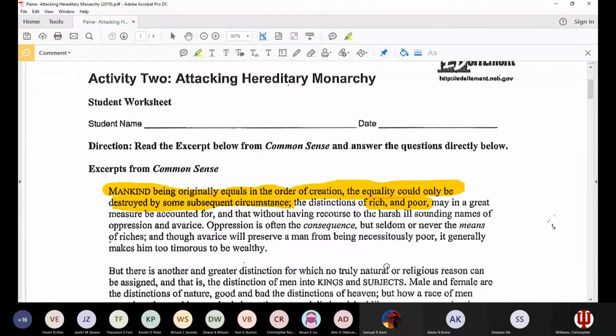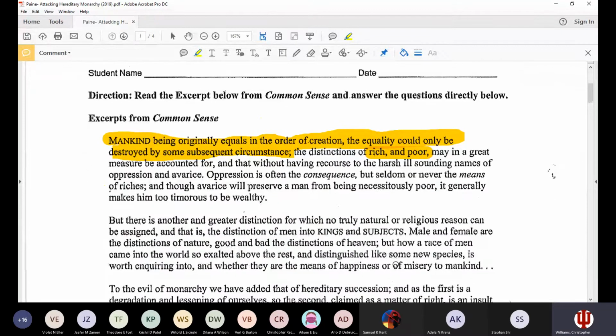But he's concerned that we have a situation where we have oppression occurring, which is what's going to happen when you look at the relationship between a king and their subjects.